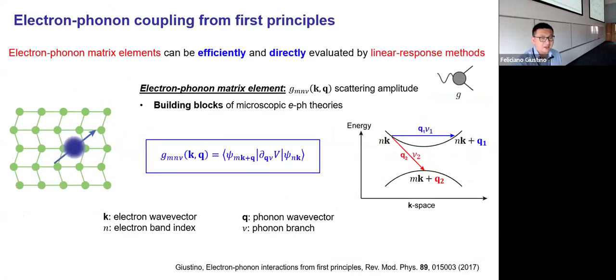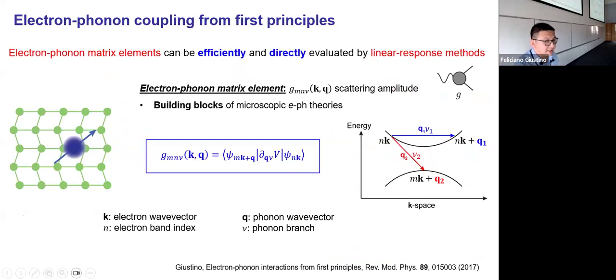So the idea is, can we build a linear response approach like DFPT at the GW level to describe the quantities that we want, especially to get the electron-phonon matrix elements, which can be very efficiently and directly evaluated within linear response. Let me just quickly remind you what the electron-phonon matrix element is.